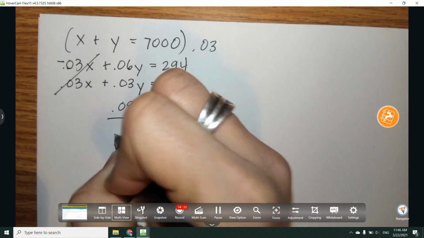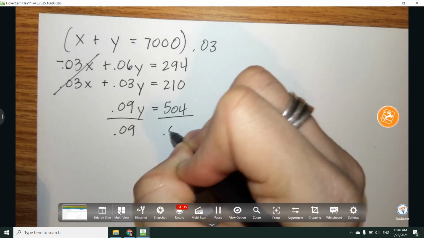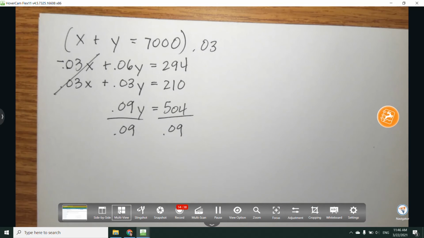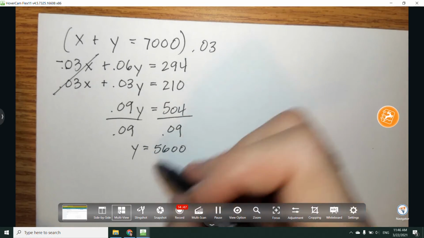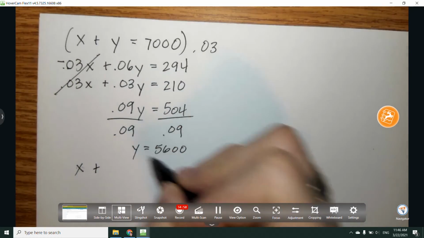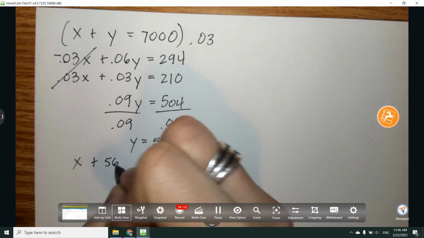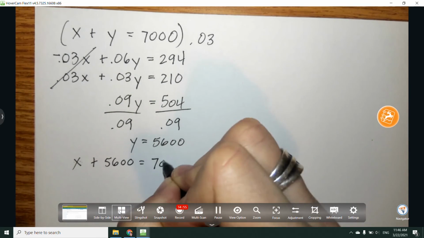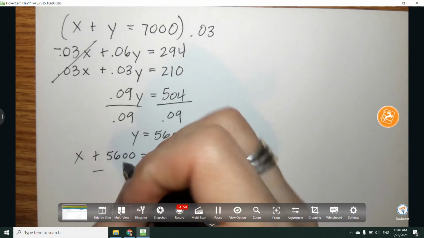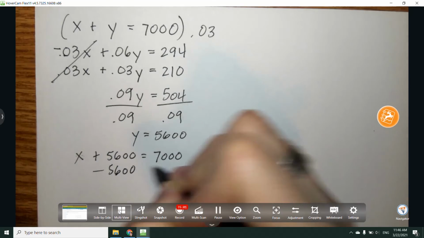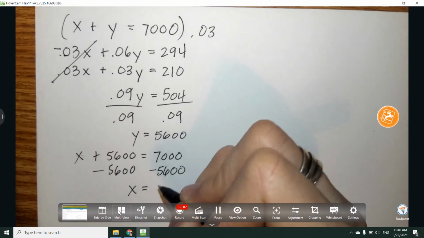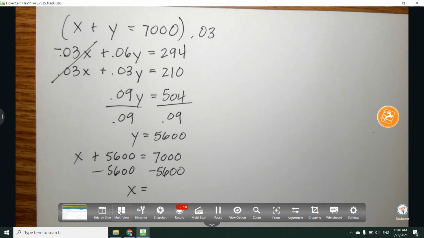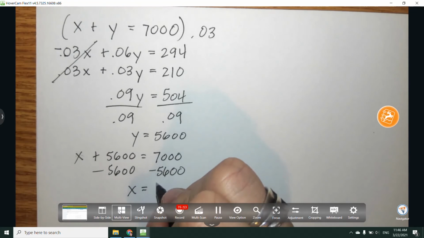And then we can divide both sides by 0.09. And so y is equal to 5,600. And so we can plug that in, and minus our 5,600 on both sides. And our x is equal to 1,400.